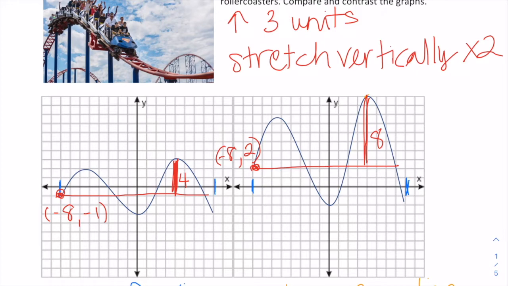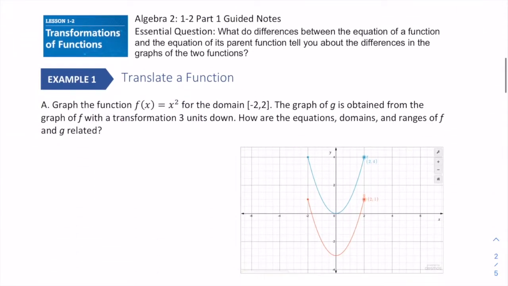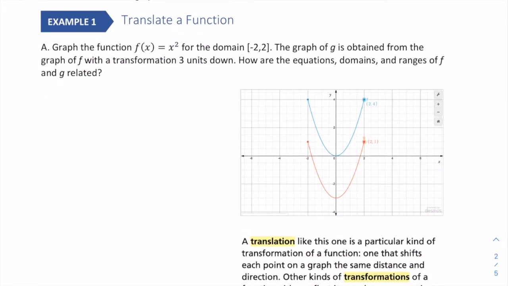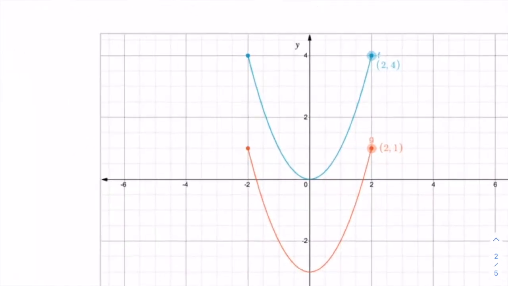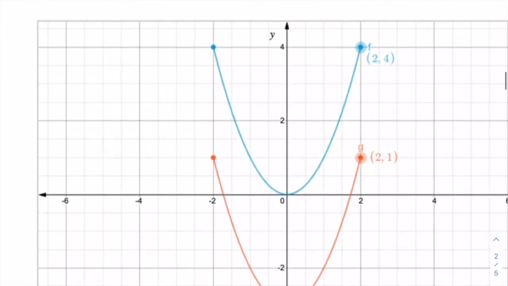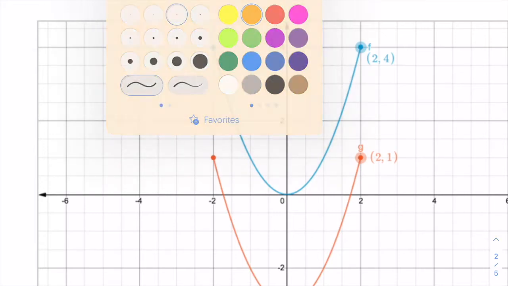Now, when we have a parent function, we often try to make sure it's shown with a letter. So here we have the parent function, x squared, which is a parabola. And so x squared is shown here in the blue. It's kind of hard to see, I'll zoom in. And the transformation is g of x, and that's the orange.